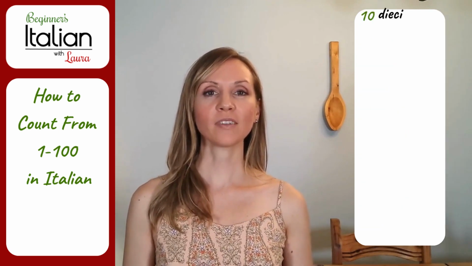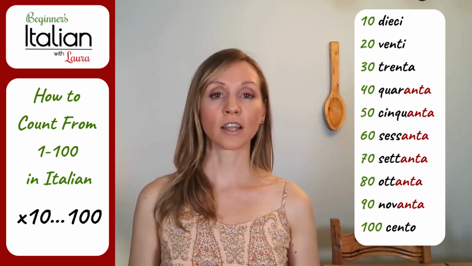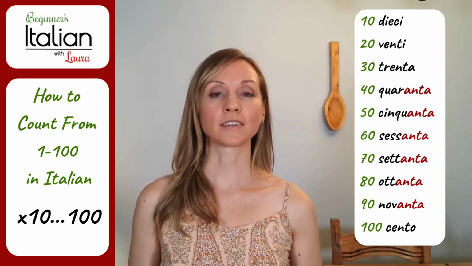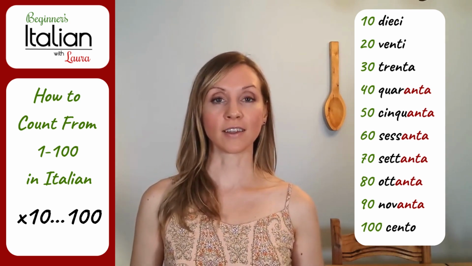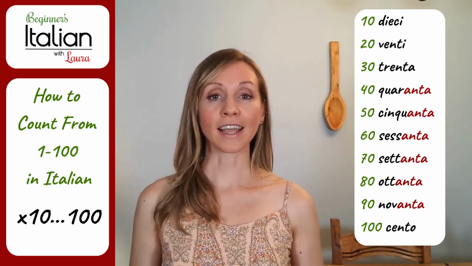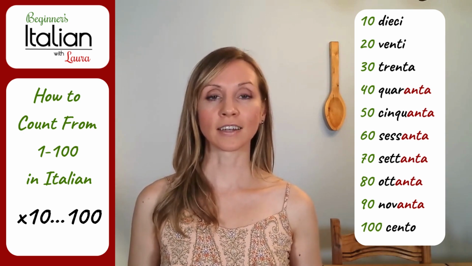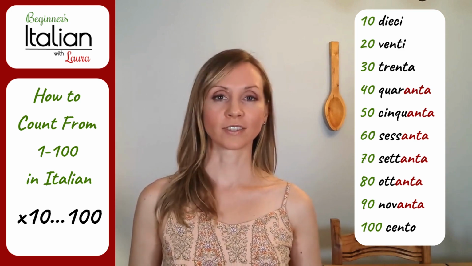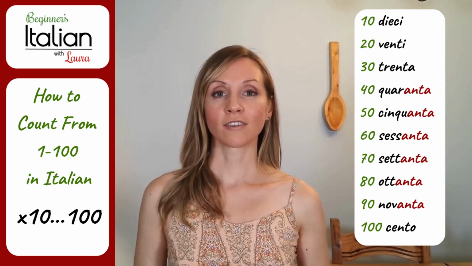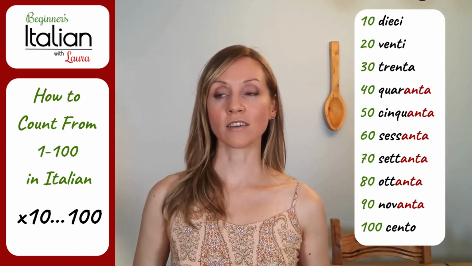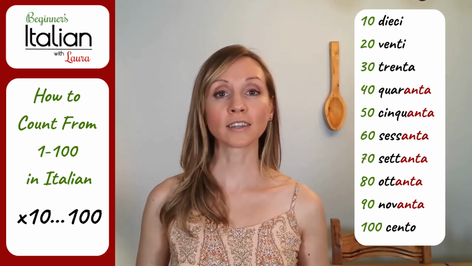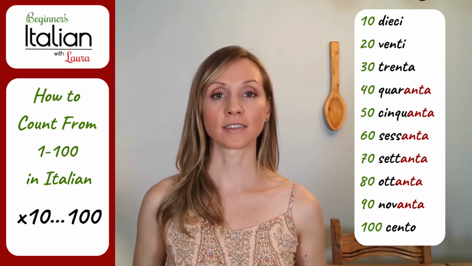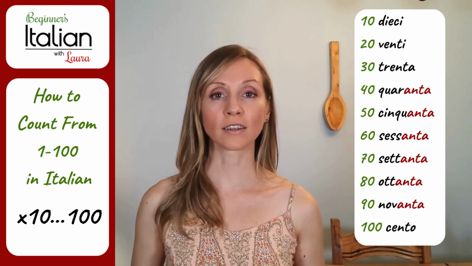Okay, so 40 is 40, 50, 60, 70, 80, 90, and 100 is 100. So, starting from 30, again, we go 30, 40, 50, 60, 70, 80, 90, 100.